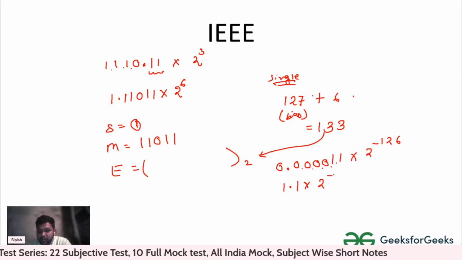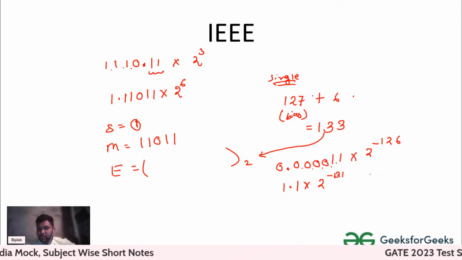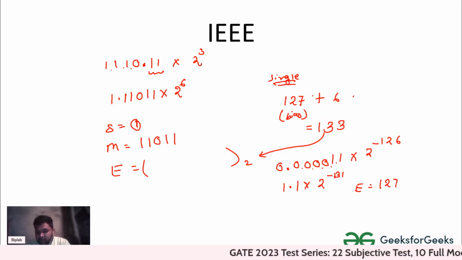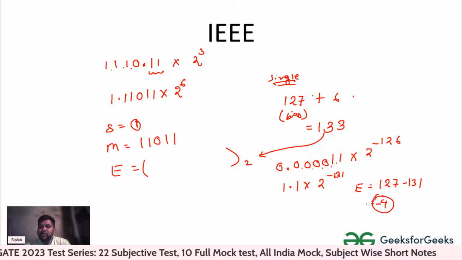So your number will be 131, isn't it? So if you add the bias to it, your E will be 127 minus 131, which equals minus 4. So this cannot be your E.